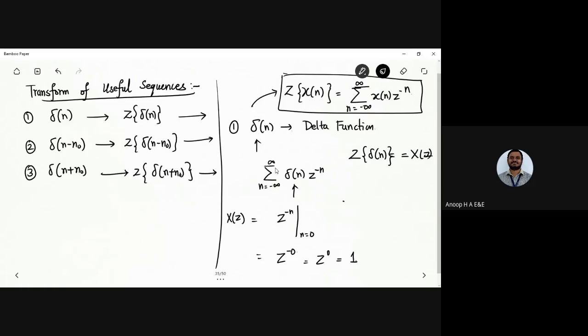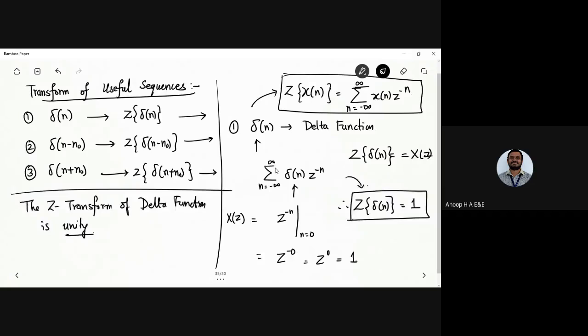So what you can remember is that the z transform of a delta function, or Dirac delta function, is unity.